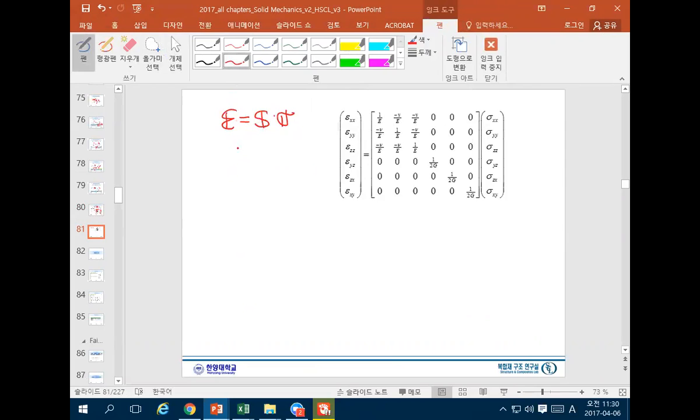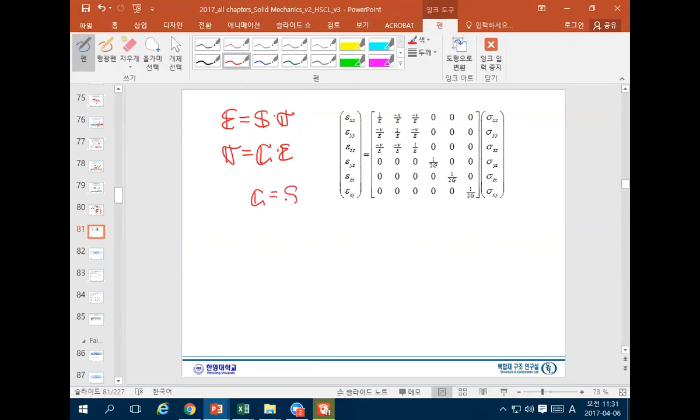But what if we apply strain and calculate the stress in the other way? Meaning strain, stress, stiffness, and strain. To calculate this C matrix, what is the C?